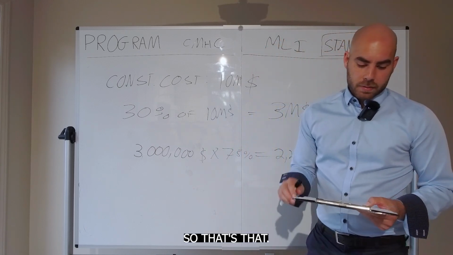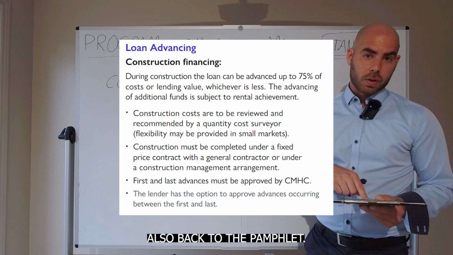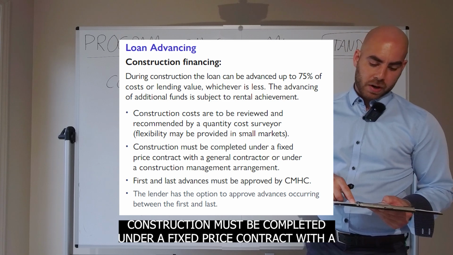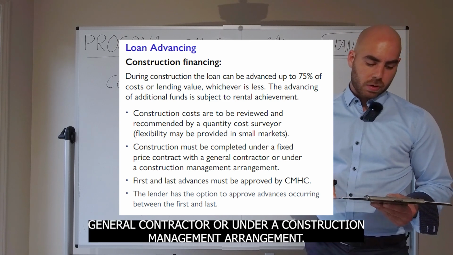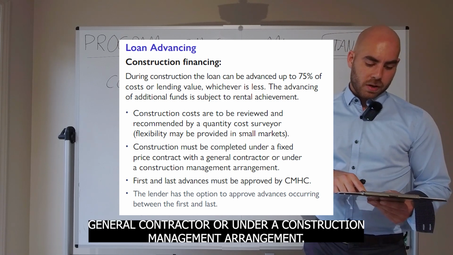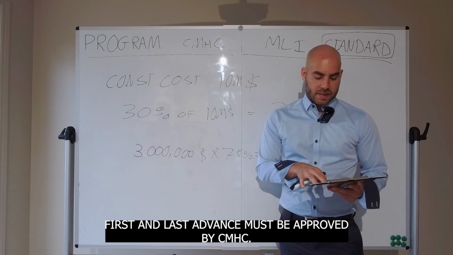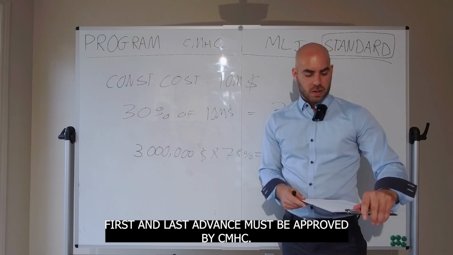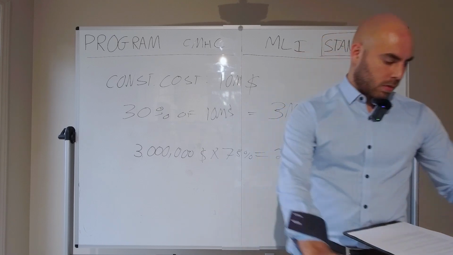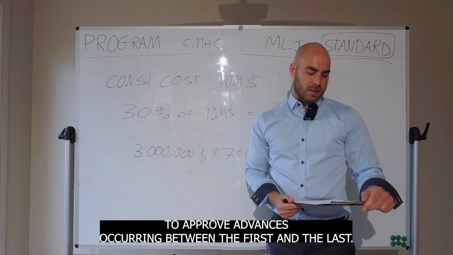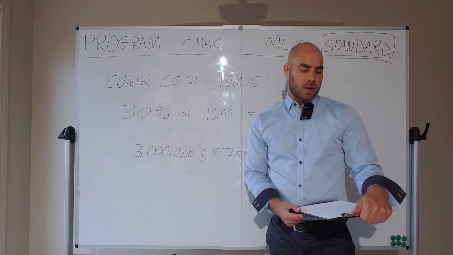So that's that. Also, back to the pamphlet, construction must be completed under a fixed price contract with a general contractor or under a construction management arrangement. First and last advance must be approved by CMHC. And the lender has the option to approve advances occurring between the first and the last.